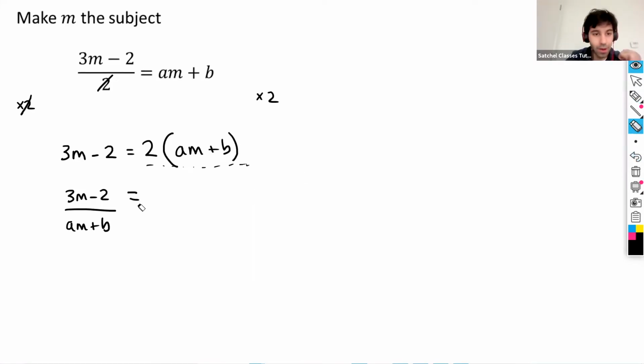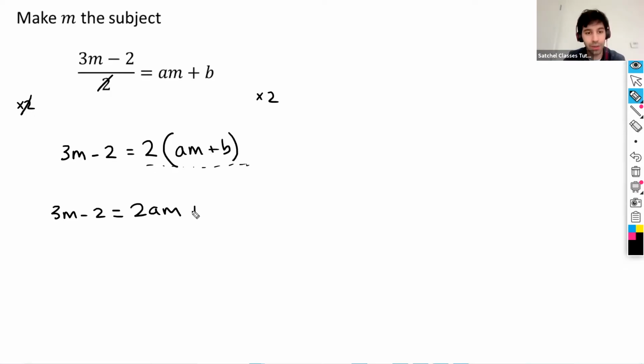So 3m minus 2 is equal to 2 times am, which is 2am, and then 2 times b, which is plus 2b. Now what we need to do is rearrange the equation so that we have the m's on one side.